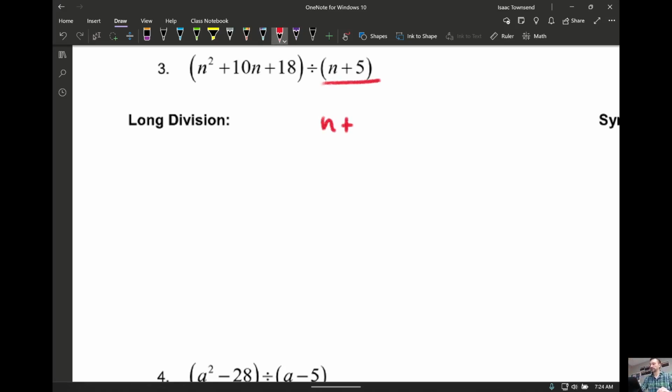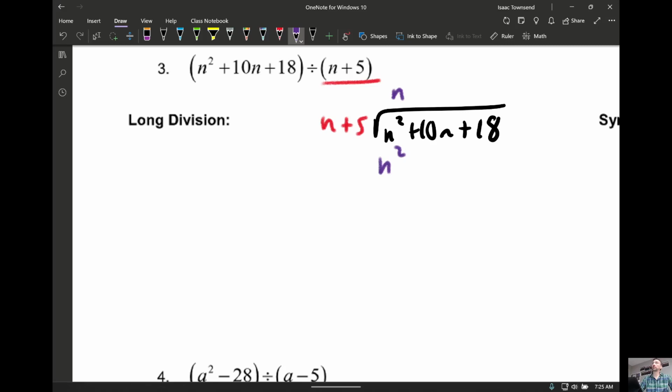So our divisor out front. Like that. Okay, so it looks like the first part of your answer should be n, because n times n is what gives you n squared.